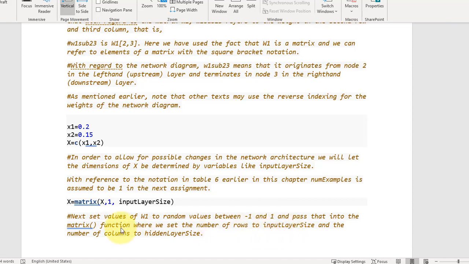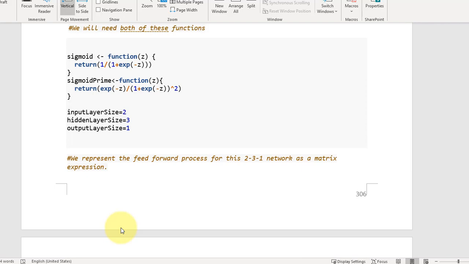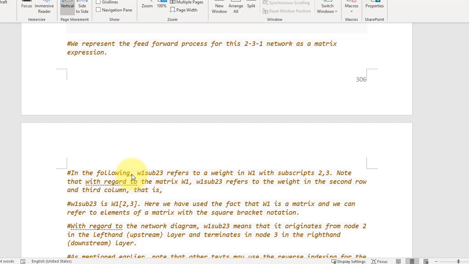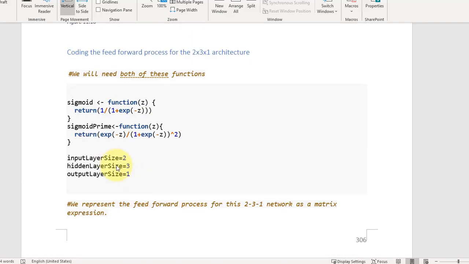So going back here, the input layer size by the hidden layer size is 2 by 3, which is exactly what we want, a 2 by 3 matrix. That 2 by 3 comes from the input layer size and the hidden layer size. If, for example, the hidden layer size was 4, then what matrix would we want?